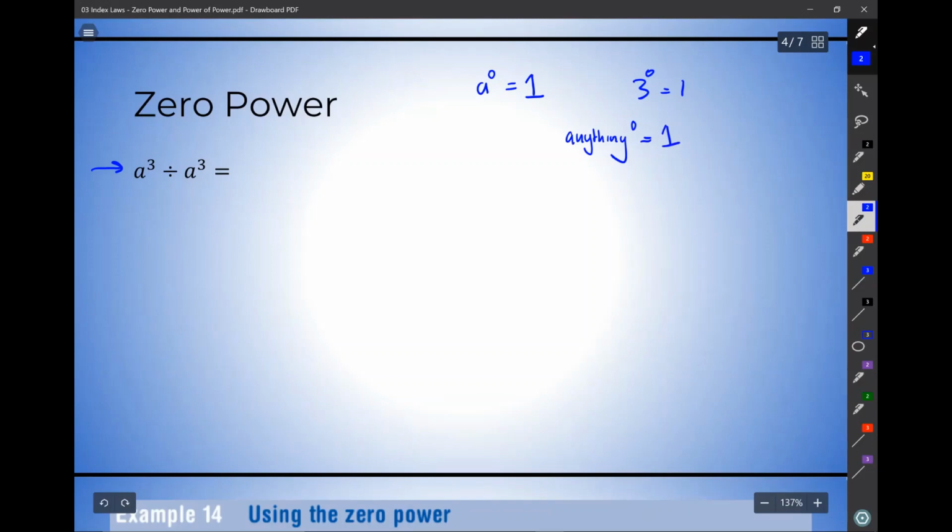And let me show you why that's the case. If we have this question here, a cubed divided by a cubed, what does that mean? Well, we know what that means. We can take this power and subtract this power from it. And we end up with a to the power of 3 minus 3, which is a to the power of 0. But what is something we know about this?